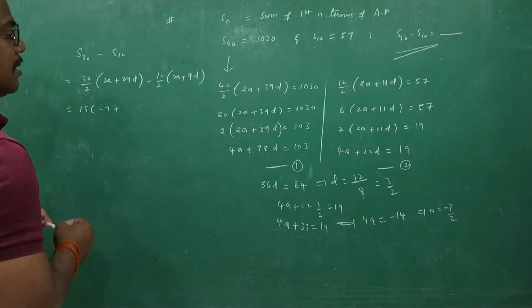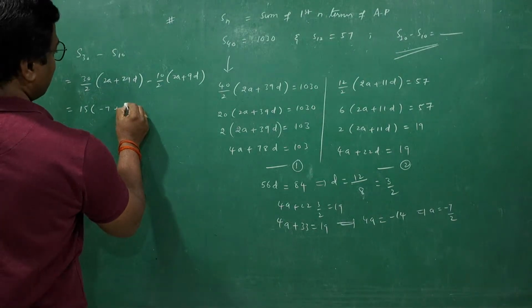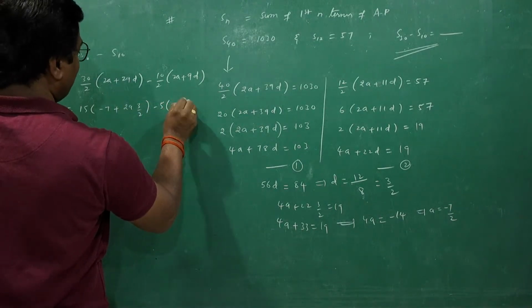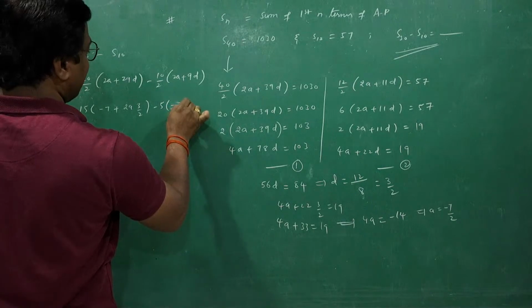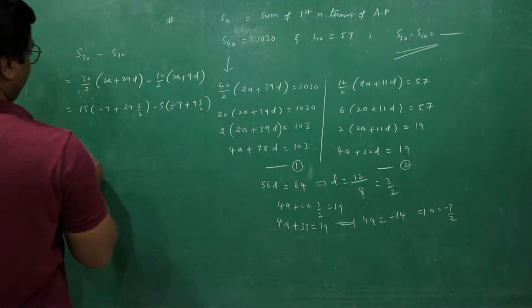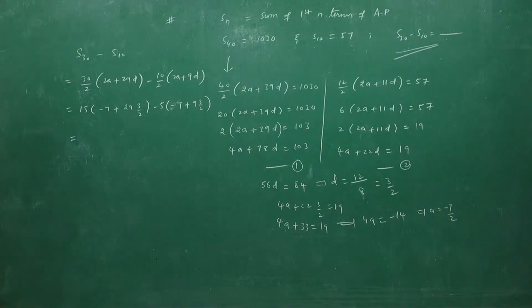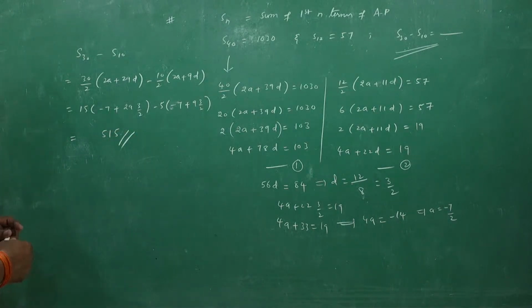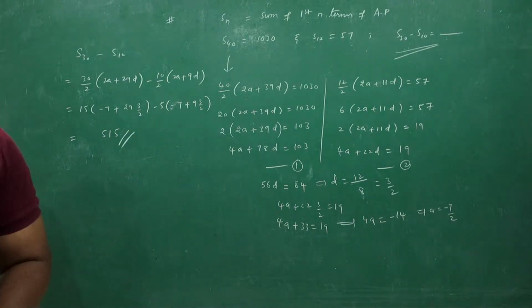D is 3 by 2. 29 into 3 by 2. Next, 5 into 2 times of a, that is minus 7. Next, 9 times d. D is 3 by 2. Yes, you have to simplify this. And finally, you reach 515 as the answer. Simplify this, you will get answer 515. Okay.